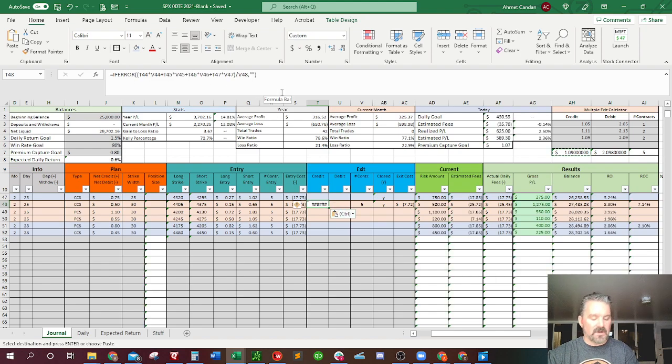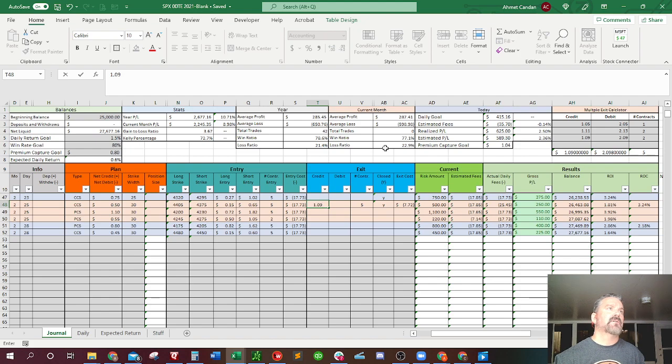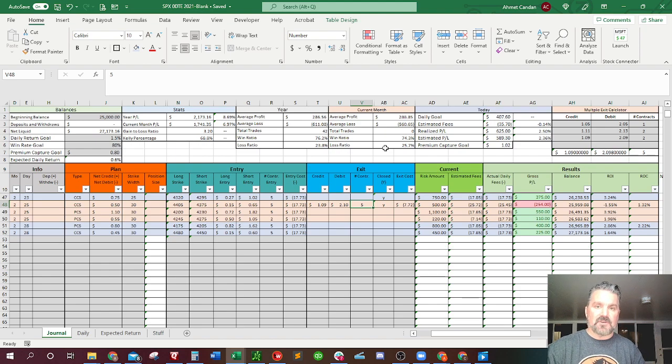And that's not what you want. So you actually need to look up here and enter that in. So 1.09 and 2.098. That would make the math correct in order to enter your exit into the journal correctly.